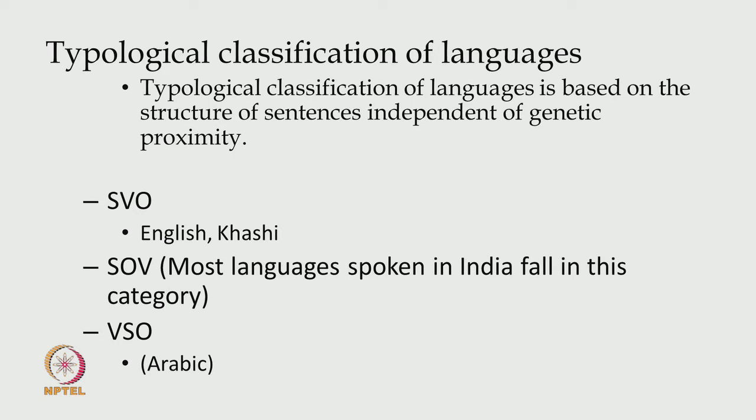Now, as we know, there are 2 parts of sentences, one is the subject, the other is the predicate. In the predicate, what is more important is verb. So, if we want to look at the structure of a sentence from the position of the verb in a sentence, we have to say 3 things.